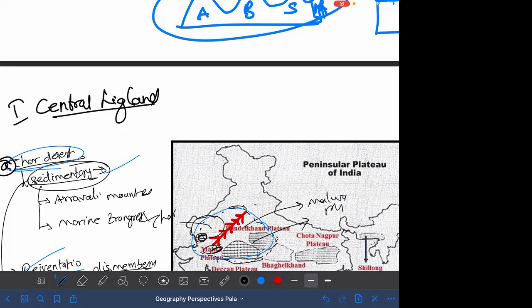This led to the development of sedimentary basins, sedimentary basin platforms of the Aravalli.